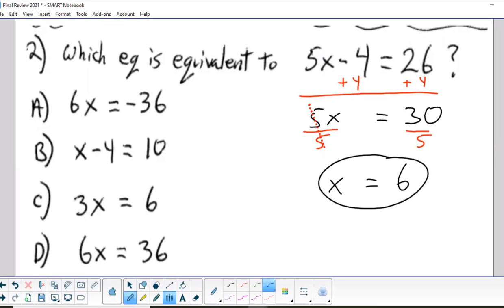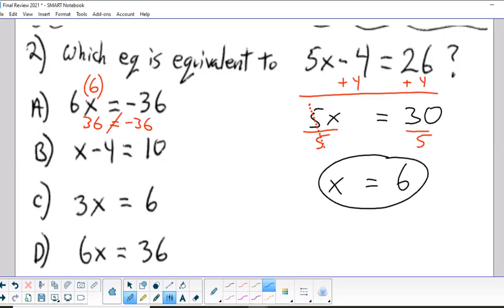All right, so you have two ways of doing it. One, you can solve every problem and see if the answer is 6. Or you could take 6 and plug in there and see if it works. For example, if I take the first one, I put 6 in there for x. That's 36. 6 times 6 is 36. 36 does not equal negative 36.